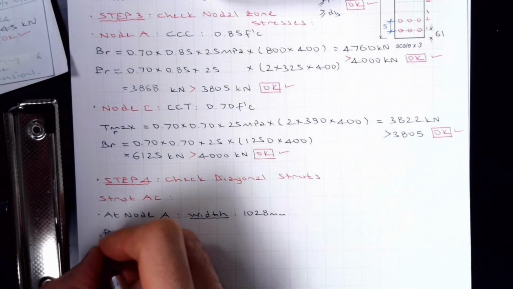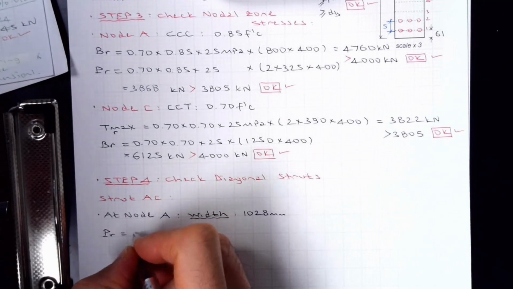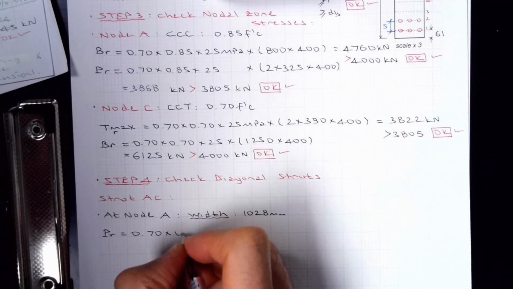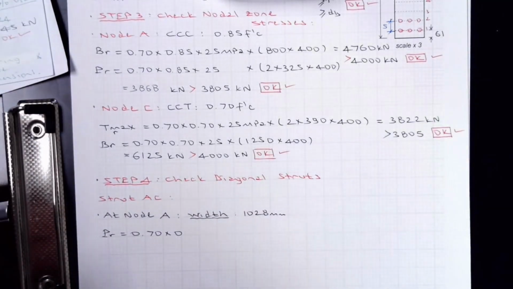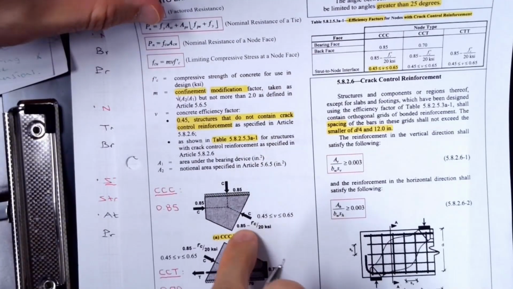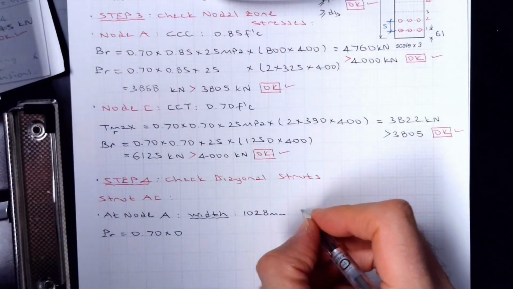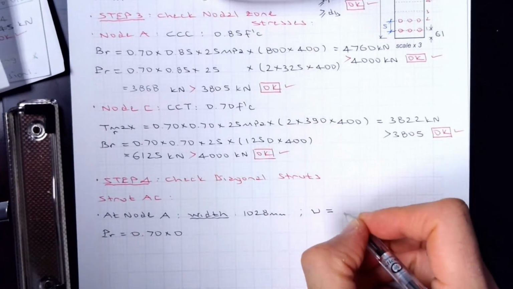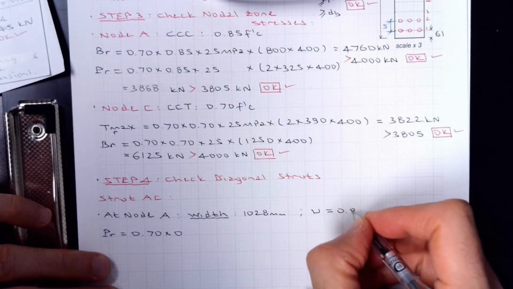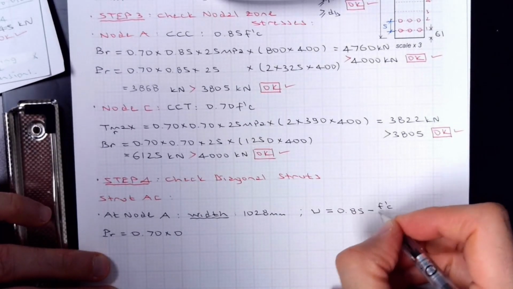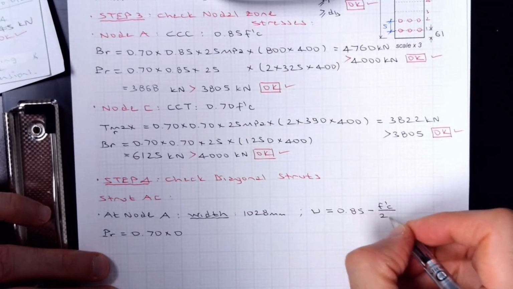And then PR, 0.70 times, you need to calculate the multiplier as well, which is 0.85 F prime C, 20 KSI. So we need to calculate the concrete efficiency factor, which is 0.85 minus F prime C divided by 20 KSI.